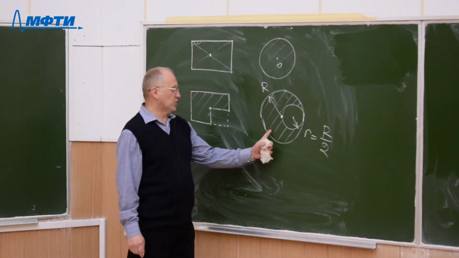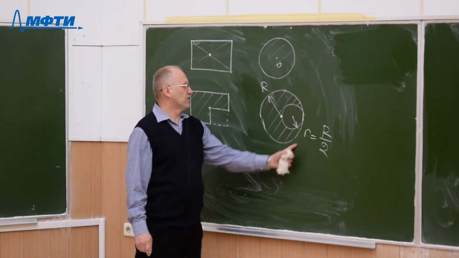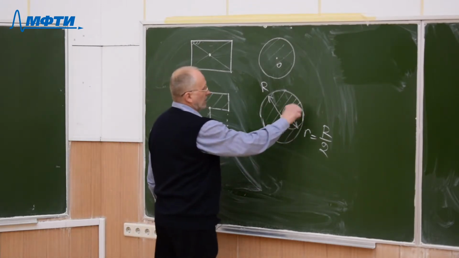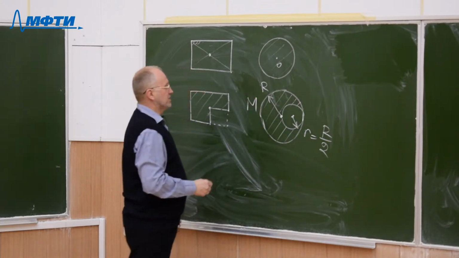Suppose we know the total mass of the large circle before this hole was cut off. The total mass before was this one.